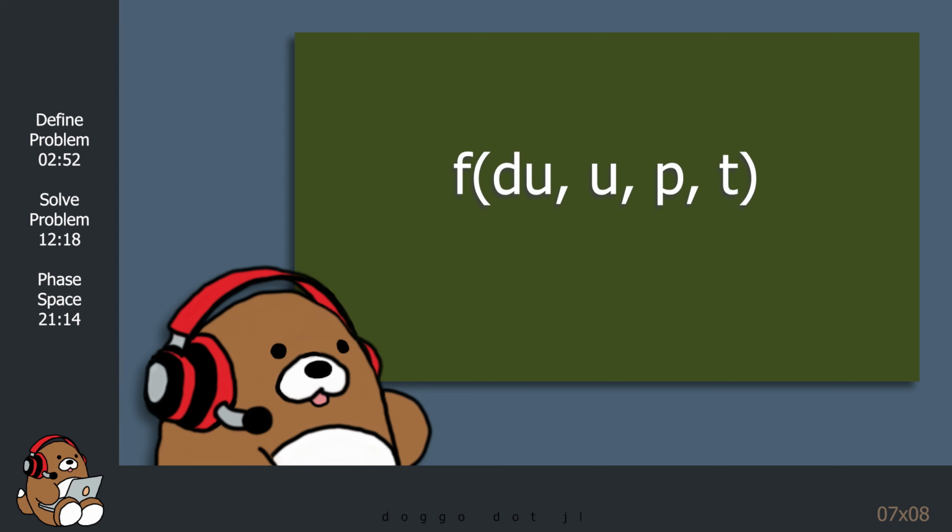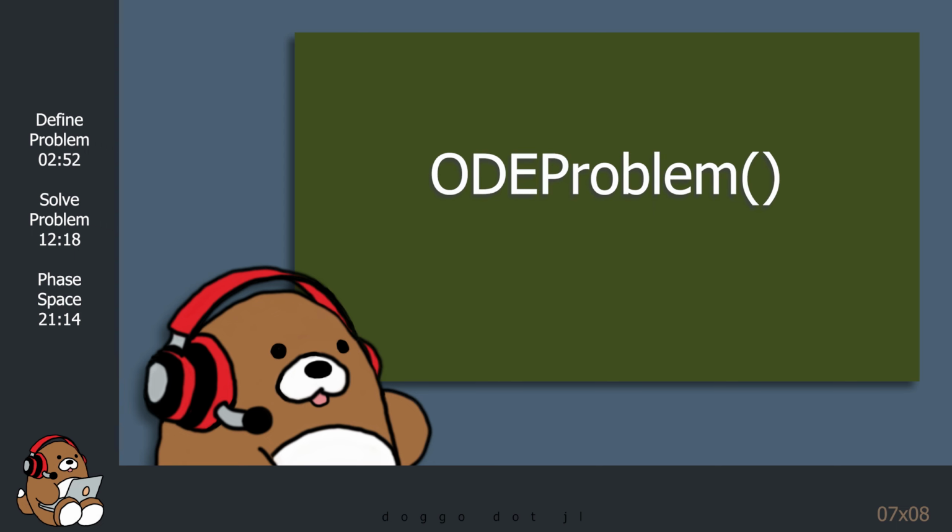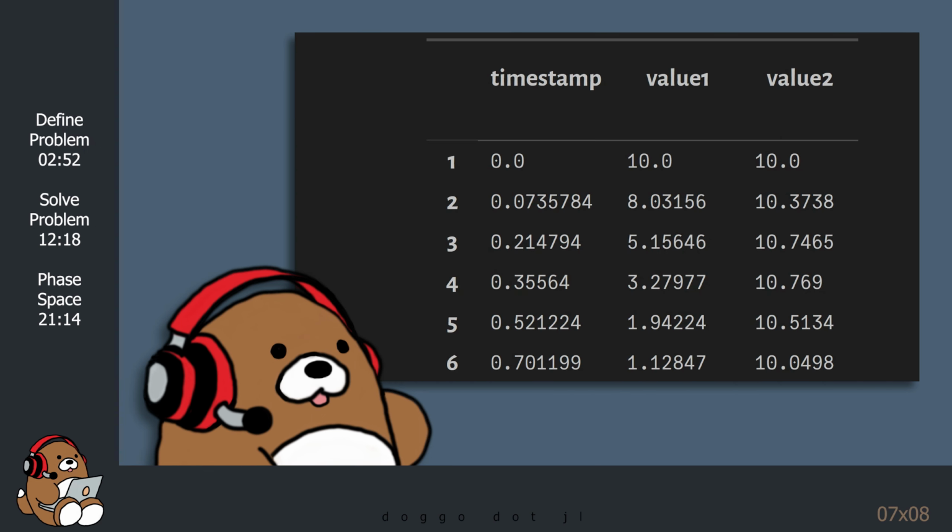So the function takes the arguments du, u, p, and t. But the problem definition uses the ODEProblem function, which is the same function that we use to solve a single first-order ODE. The solution returns multiple columns of values, one for each unknown function. Otherwise, the workflow is the same.